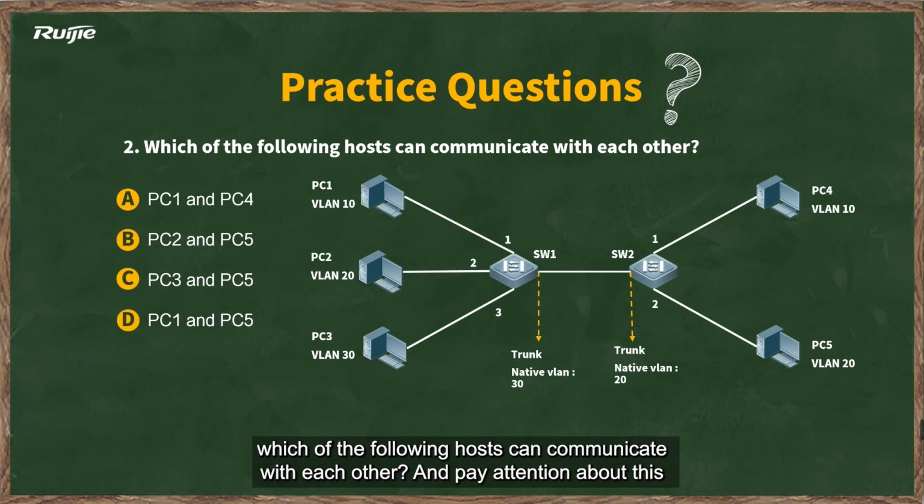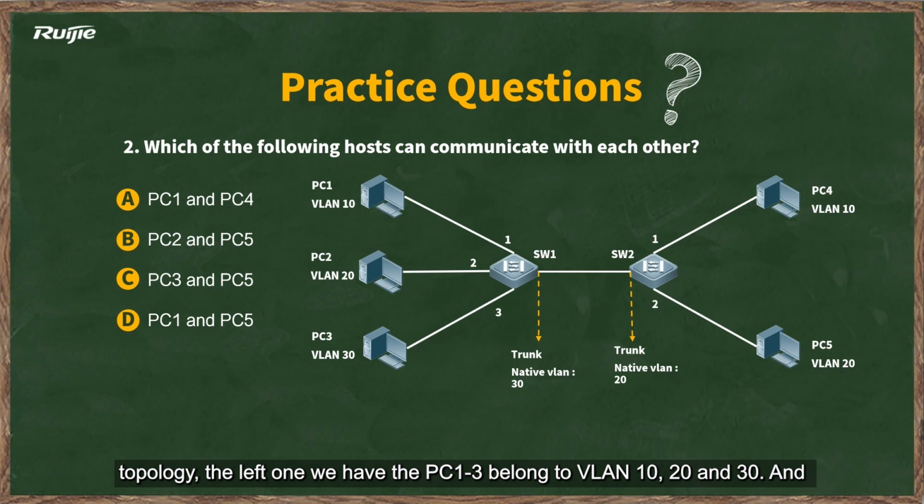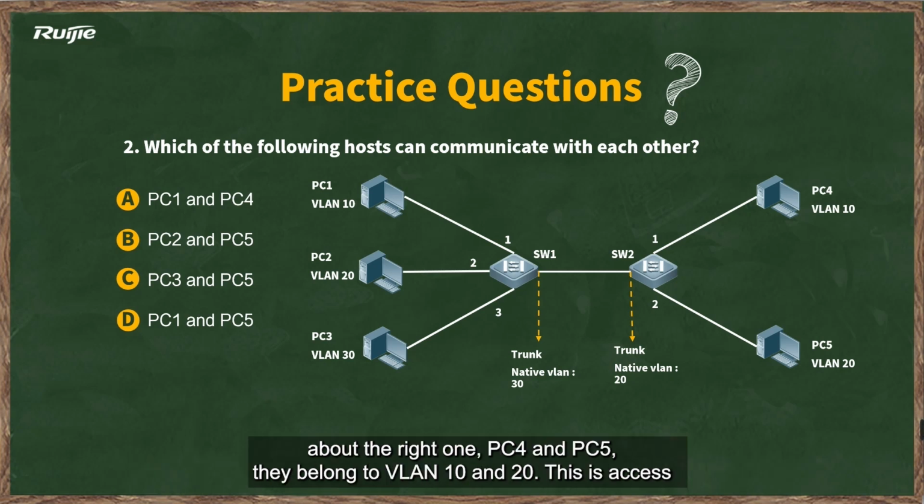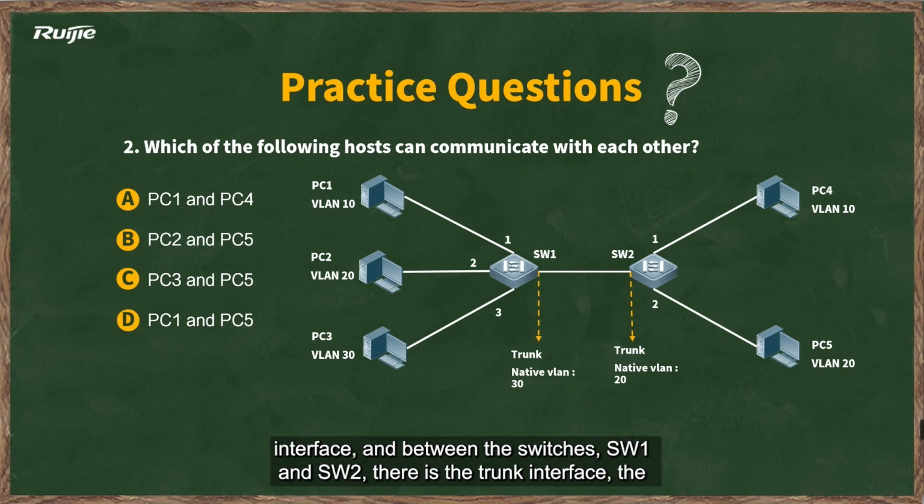Pay attention to this topology. On the left, we have PC 1, 2, 3, belonging to VLAN 10, 20, and 30. On the right, PC 4 and PC 5 belong to VLAN 10 and 20. These are access interfaces. And between switch 1 and switch 2 is the trunk interface.